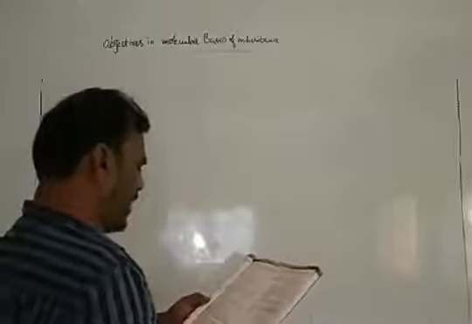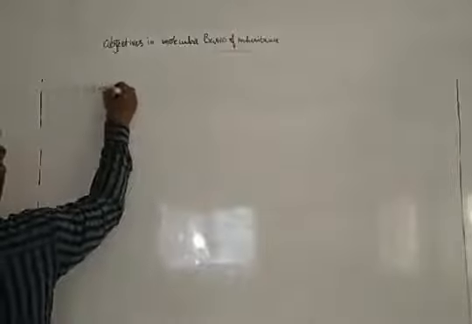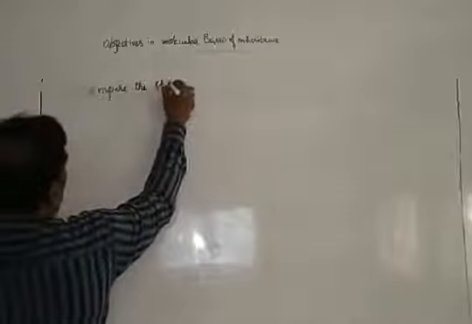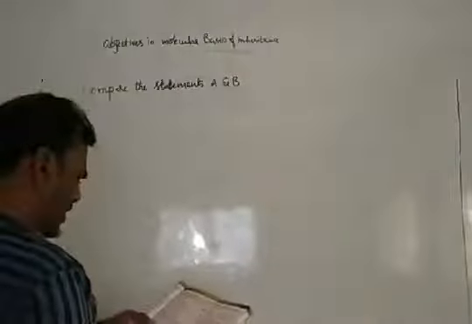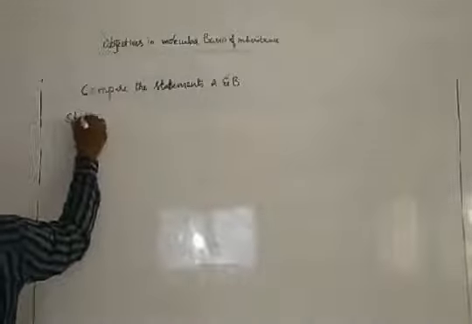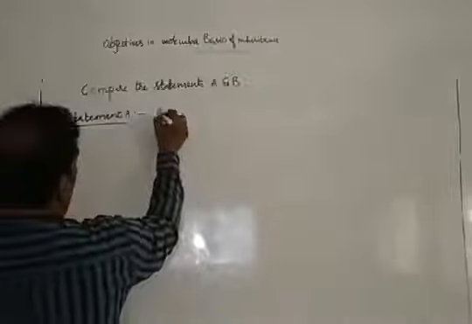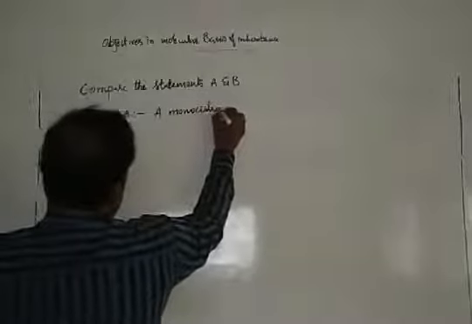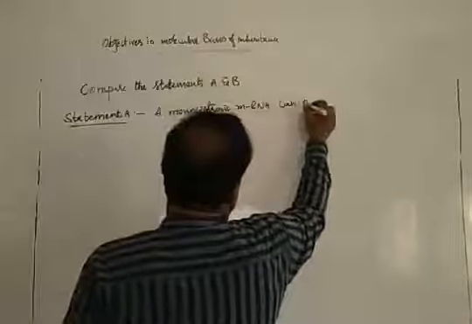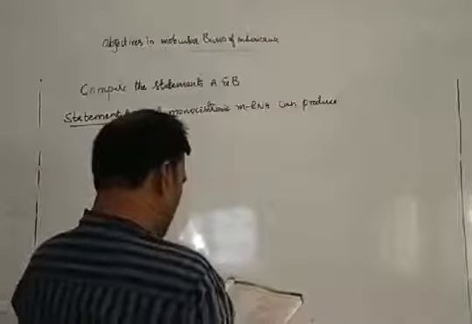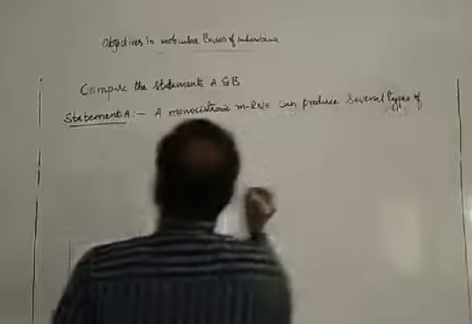Next question is, compare the statements A and B. Here statement A is, a monocistronic mRNA can produce several types of polypeptide chains.